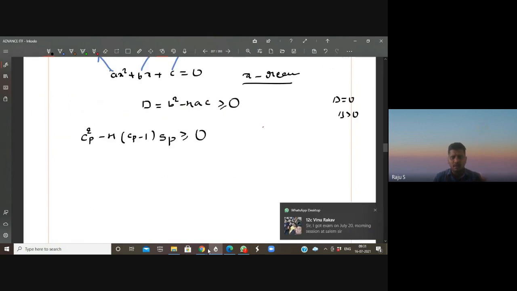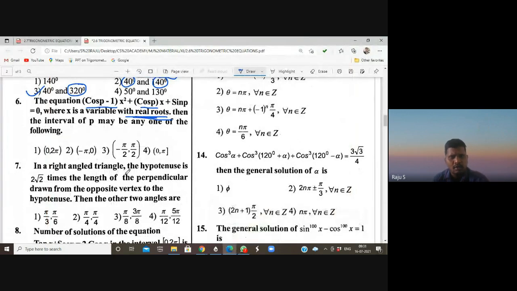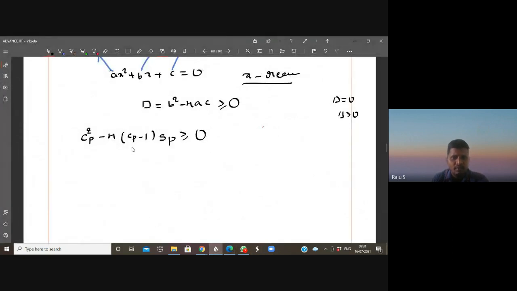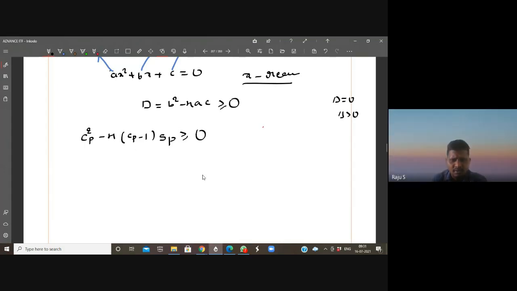Now, in the question, they are asking about the interval of p, right? Tell me here, according to this, for what value of p it will be satisfied, students? We can substitute the options. Substitute the options, that's all. That is the reason I'm asking.